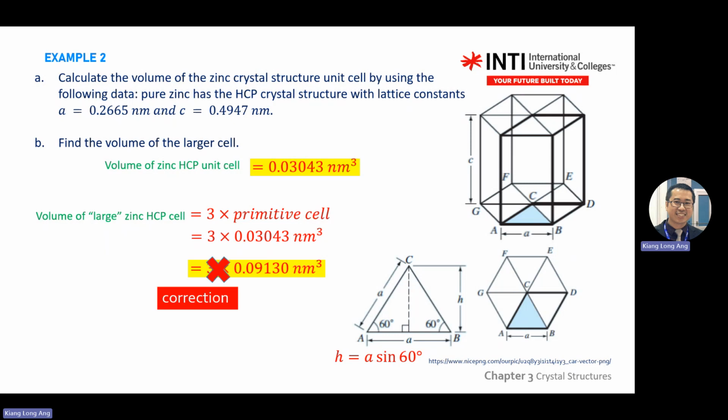You have 3 primitive cells. So if the question asks for the unit cell, it means multiply by 3 primitive cells.